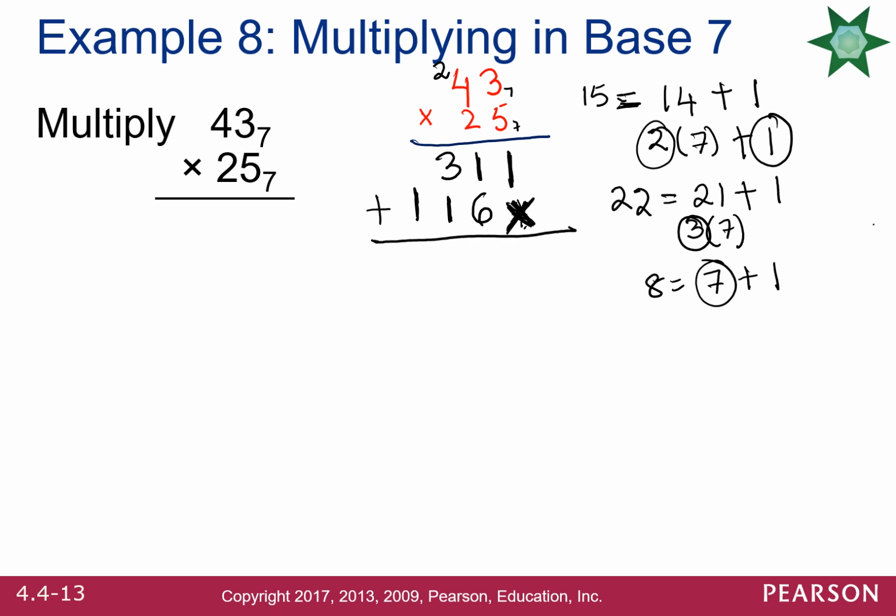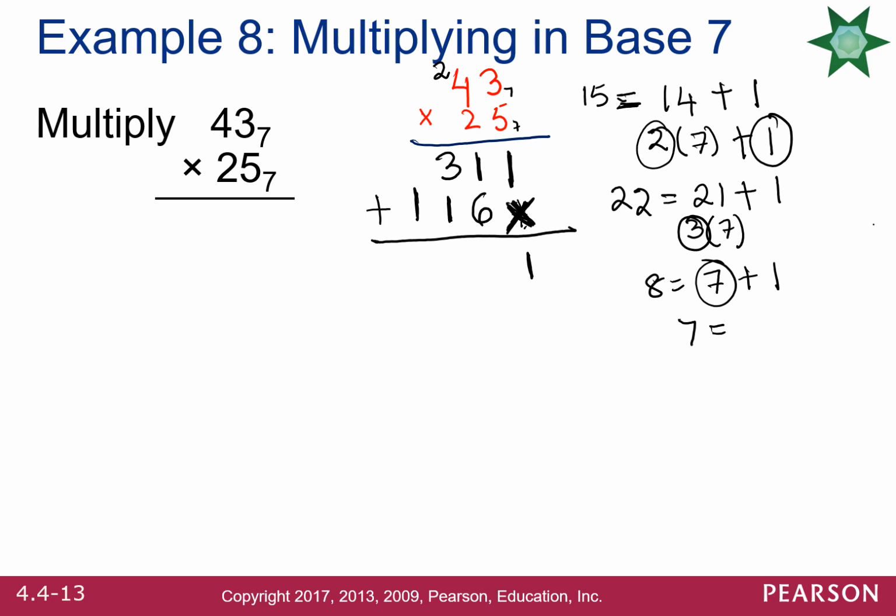Now I'm going to add them up. This is 6 plus 1, 7, right? But remember, we are adding in base 7. And what are the numerals in base 7? From 0 to 6, correct? So if it goes over 6, then we have to make this a 0. 6 plus 1 is 7, and we don't have a numeral to represent 7 in base 7.